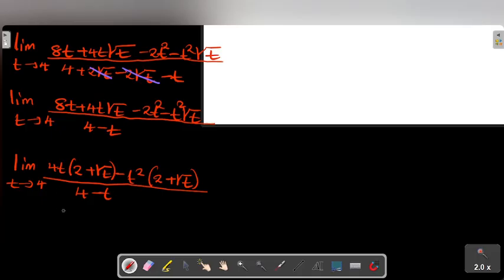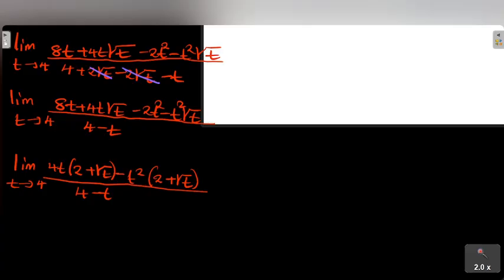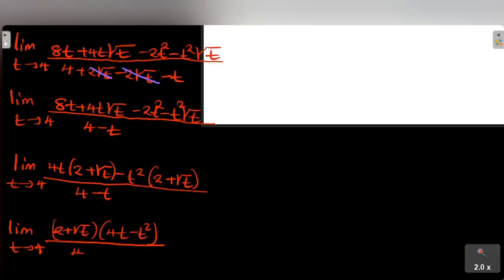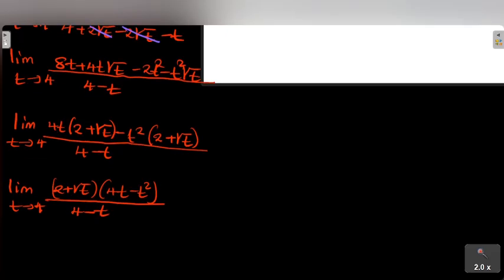On top, we can see that whatever we have inside the brackets is one and the same. So we have the limit as t approaches 4 of 2 plus root of t, multiplied by 4t minus t squared, over 4 minus t. I want us to cancel that 2 plus root of t.